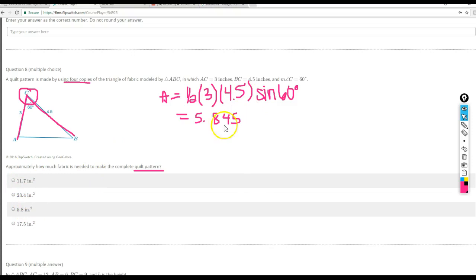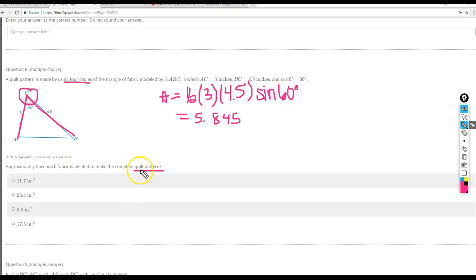So I'm not going to round it till the very end, because that increases the error or inaccuracy in the final answer. So we're going to wait till the end to round.